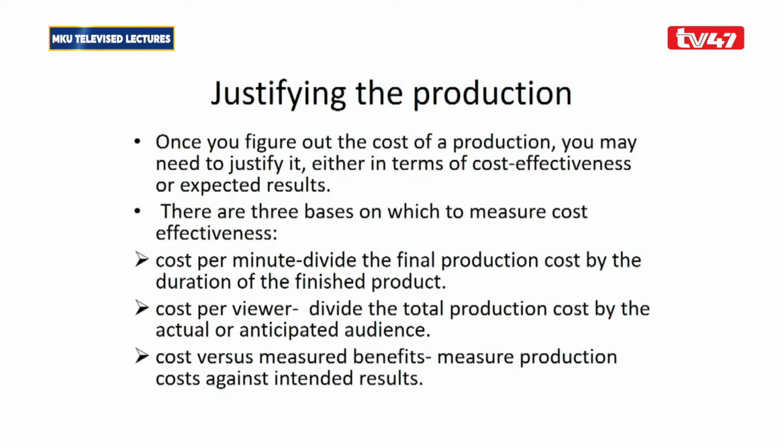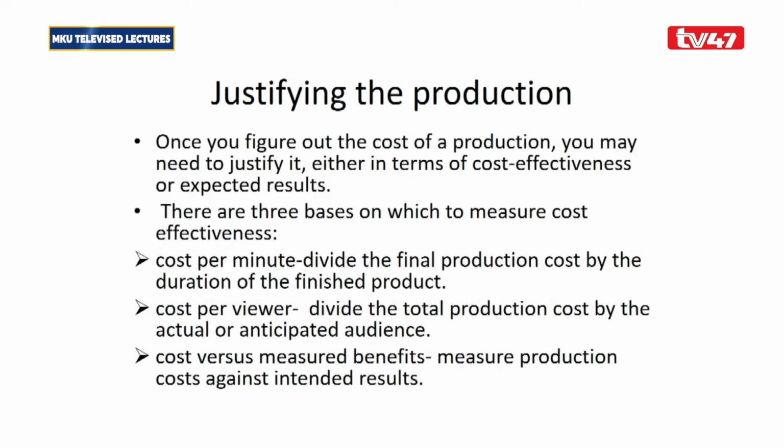One is what we refer to as cost per minute, and how you justify that is by dividing the final production cost by the duration of the finished product.